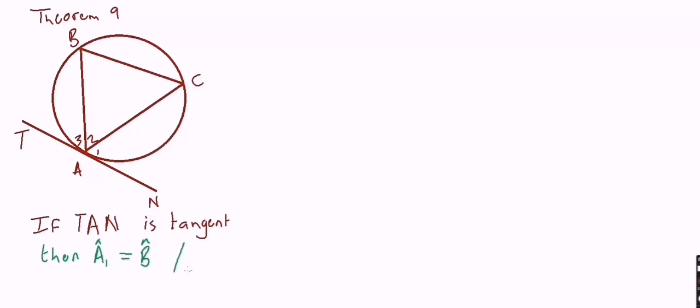Or we could say A3, which is between the tangent and AB, will be equal to the angle subtended by AB, which is C. Make sure you see how we make those follow-ups. When we are using this, we just say tan chord theorem. That is how we reference this theorem.